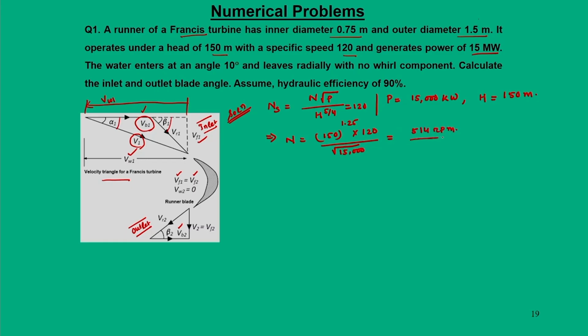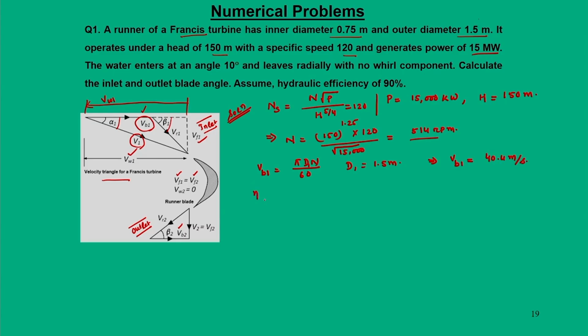So, once we have this 514 RPM, we have Vb1 is nothing but pi D N by 60. So, here D1 is 1.5 meter and N is 514. So, this will give you Vb1 as 40.4 meter per second.